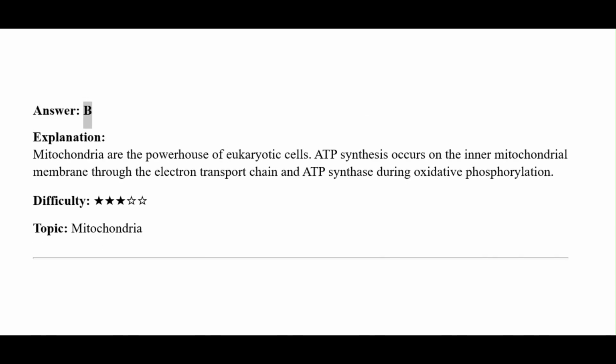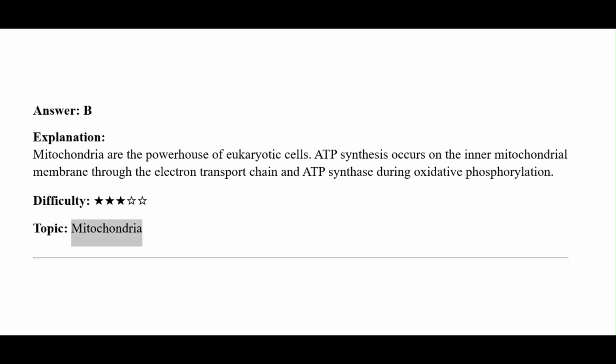Answer: B. Explanation: mitochondria are the powerhouse of eukaryotic cells. ATP synthesis occurs on the inner mitochondrial membrane through the electron transport chain and ATP synthase during oxidative phosphorylation.